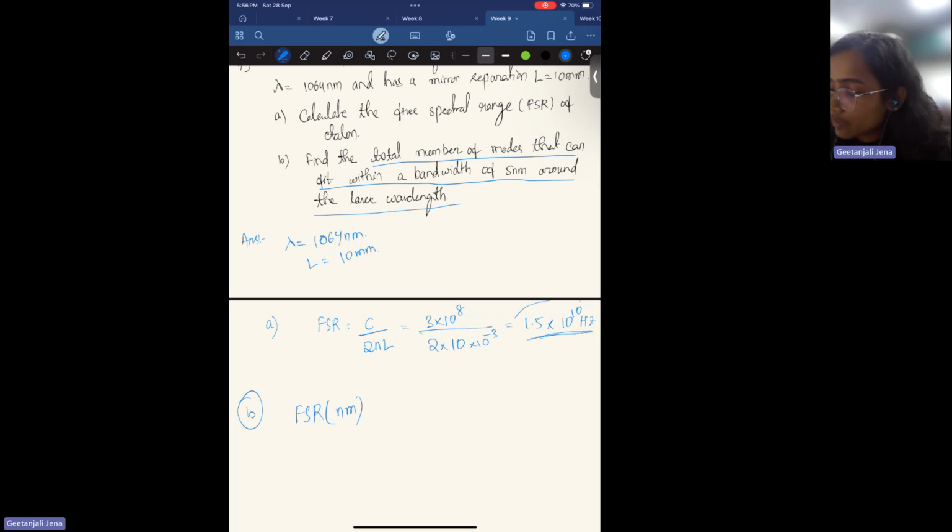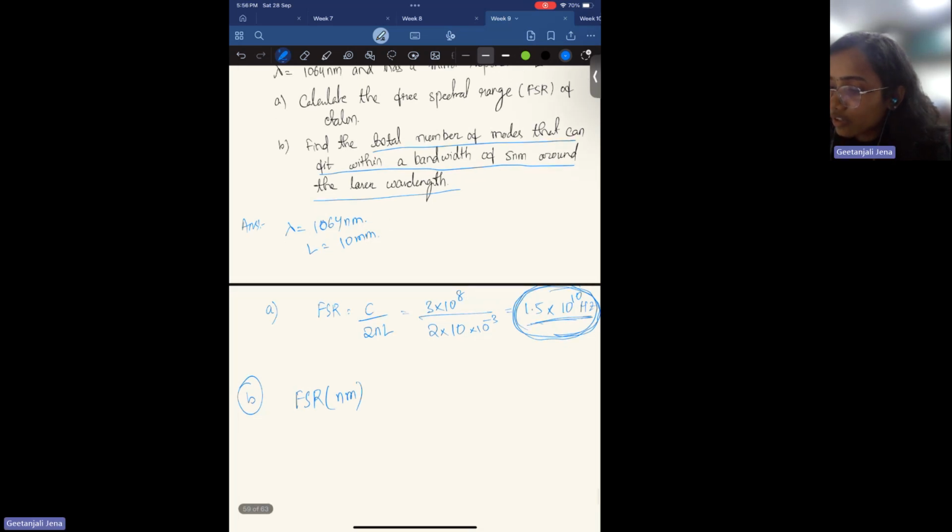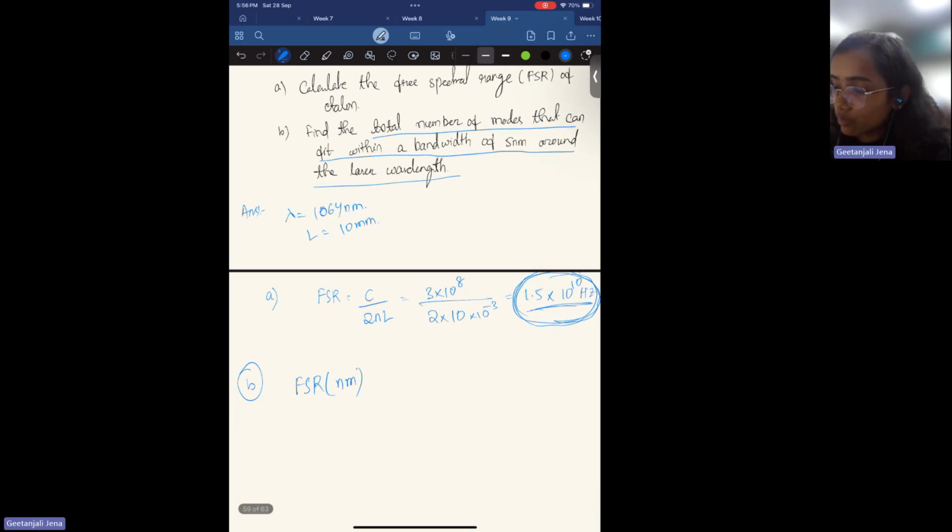In the first part, we got the FSR in terms of hertz. Because the bandwidth is given in terms of nanometer, if you express the FSR in nanometer and then divide the bandwidth by the FSR in nanometer, you can get the total number of modes that fit inside.